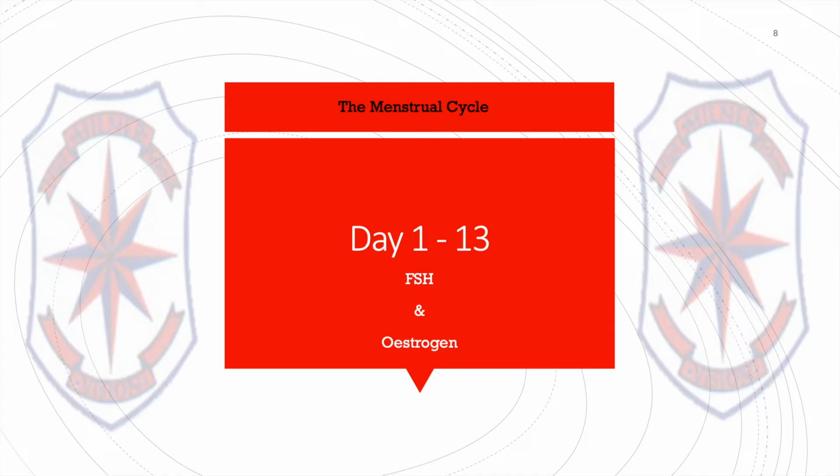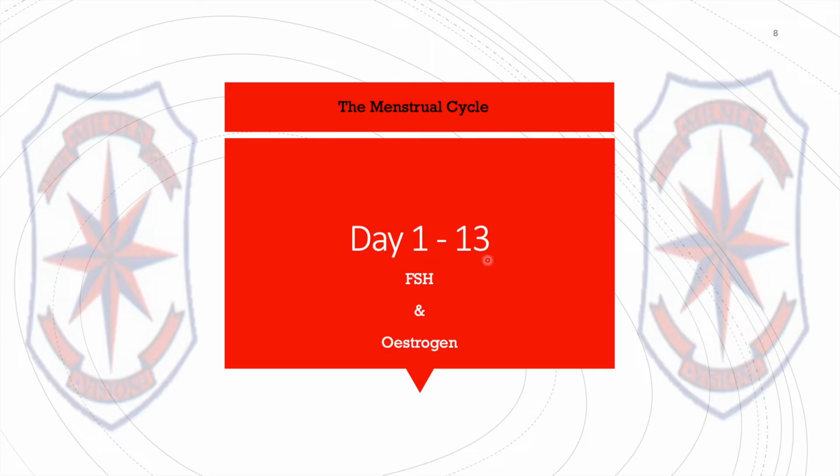So the first period will be day 1 to 13, second period, day 14, third period, day 15 to 22, and then the last period will be from day 22 to day 28. We will be describing events that happen in the uterus as well as in the ovaries during these different periods. The first period, like I said, is from day 1 to day 13.